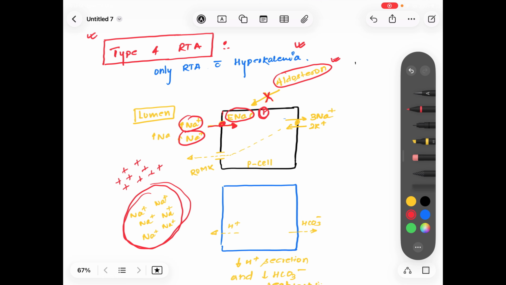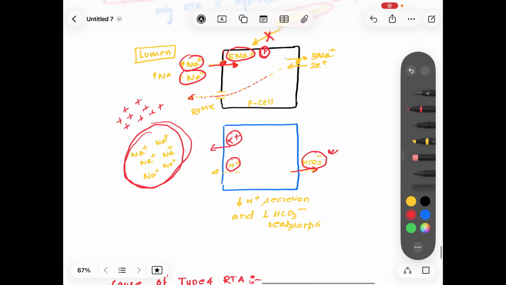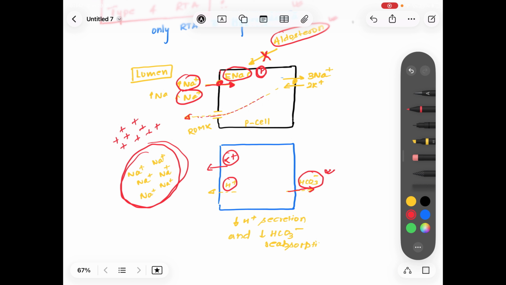So because of this, potassium, any positive charge will not come inside the lumen. This H plus, any positive K plus will not come inside the lumen, and the H plus and HCO₃ resorption will not occur. So because of deficiency of aldosterone, there is positivity inside the lumen which resists positive ions being secreted into the lumen and the negative bicarbonate being reabsorbed.